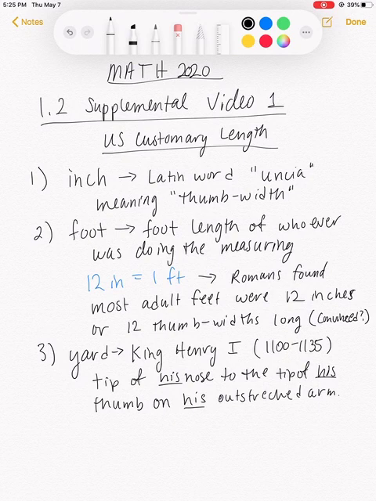That's the yard. In the conversion between yards and feet, there are 3 feet in 1 yard. That relationship we need to know.